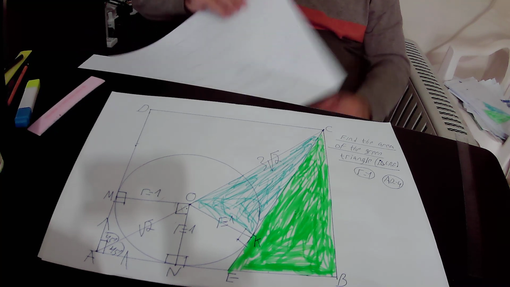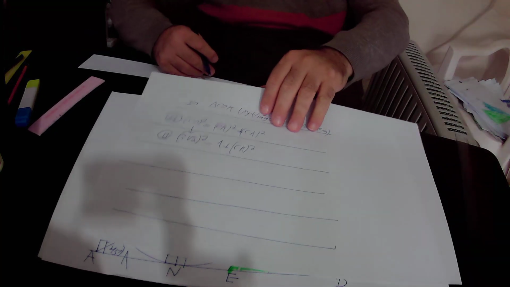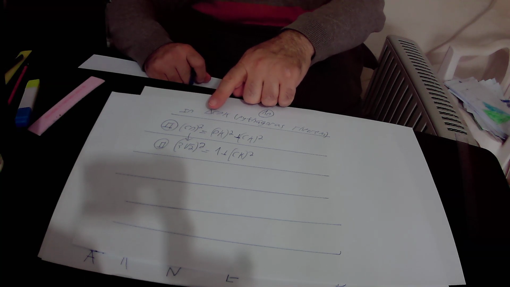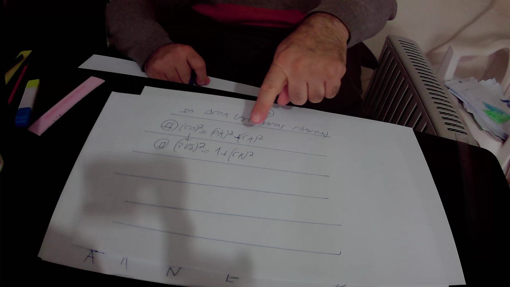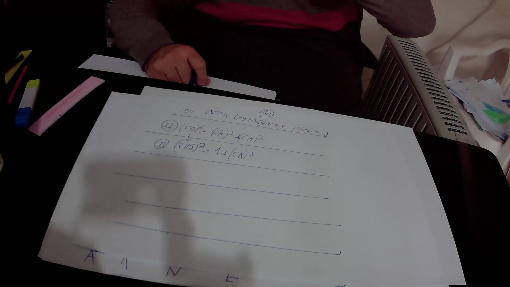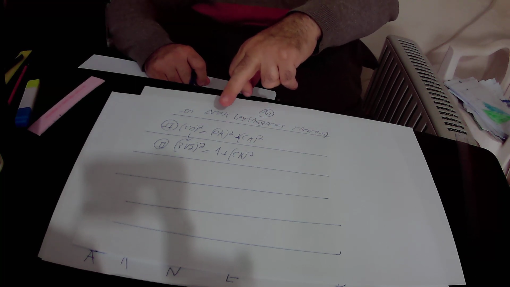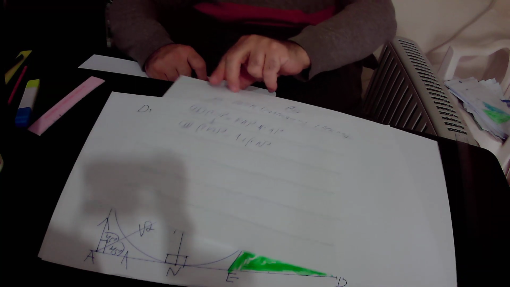So in conclusion, we found out that CO square is 3 times square root of 2 squared, and it equals 1 plus CK square. 3 times square root of 2 squared is 9 times 2, so I'll write it down.